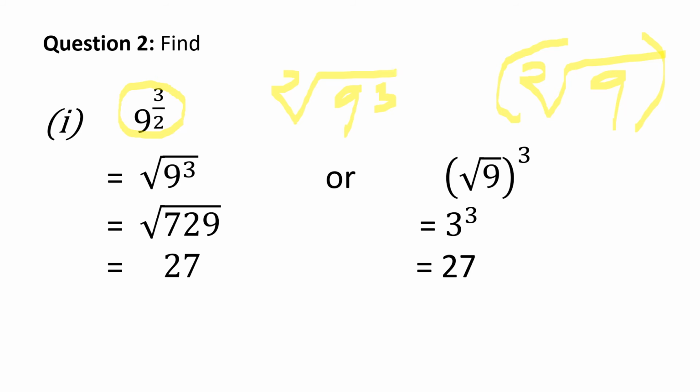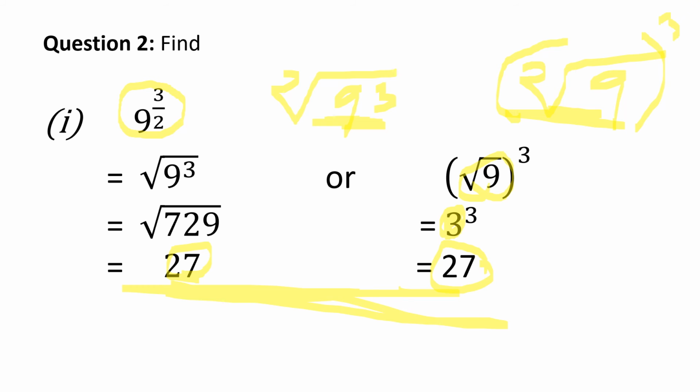So what is the difference? The difference is here first you find 9 cube and then you take the square root, but here you will take the square root first and then you will take the cube of it. So let's see, square root of 9 is 3. Now 3 the whole raised to 3, so 3 cube is 27. So you can see that the answers are the same, right? So you can do it in that manner also.